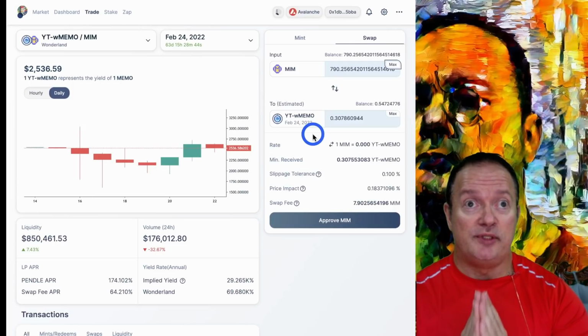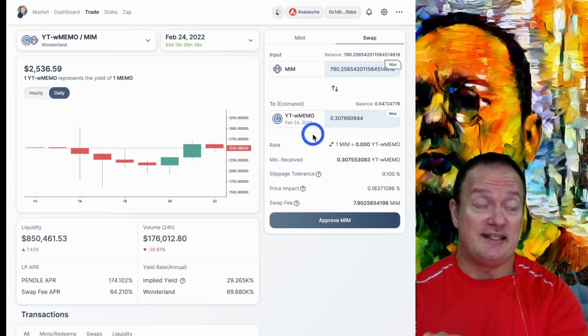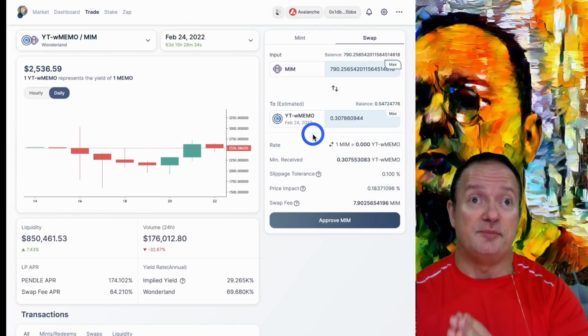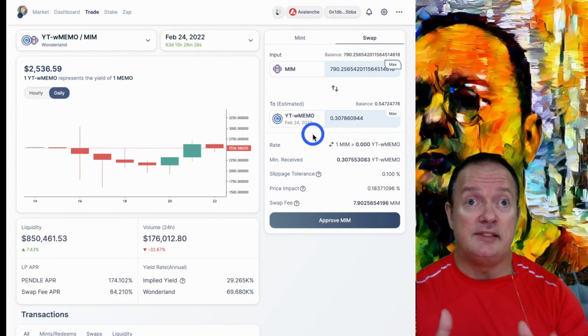We should be able to get 100,000% APY instead of the 69,000% that we would get just by staking on Wonderland. So we're gaining 31,000% APY for 2 months. Okay, and it's guaranteed. It's not going to drop.